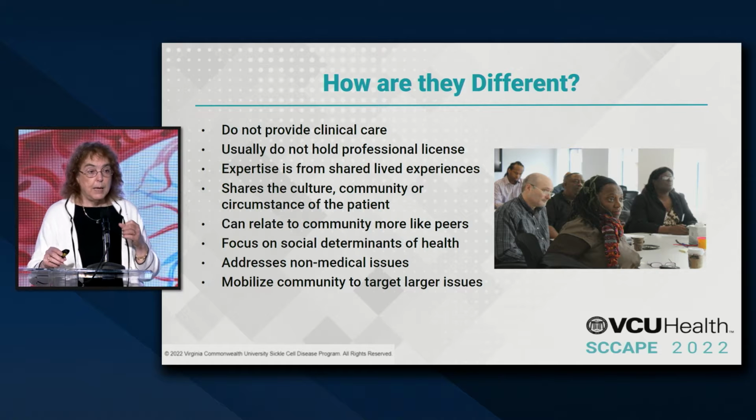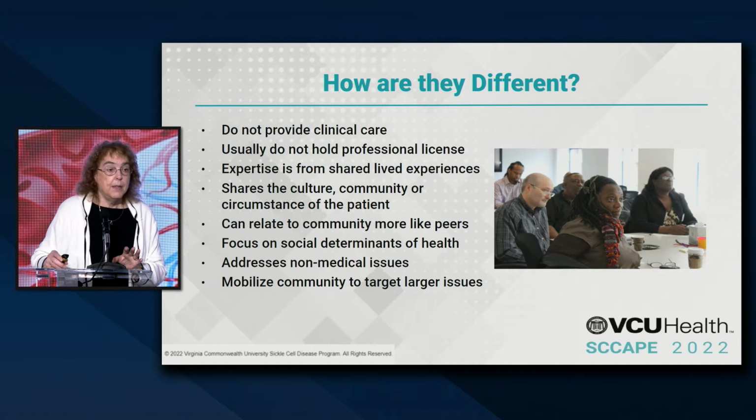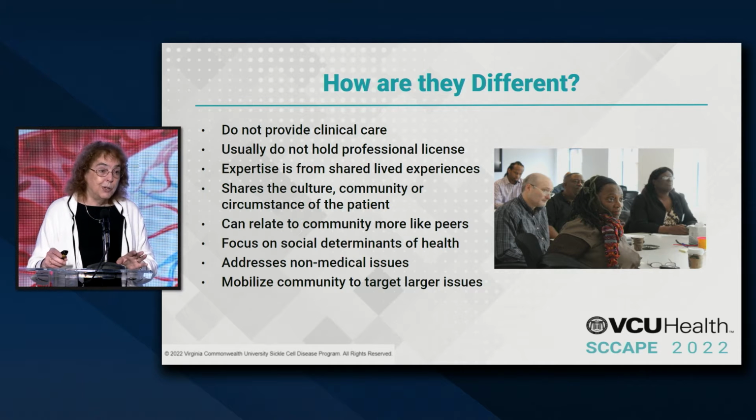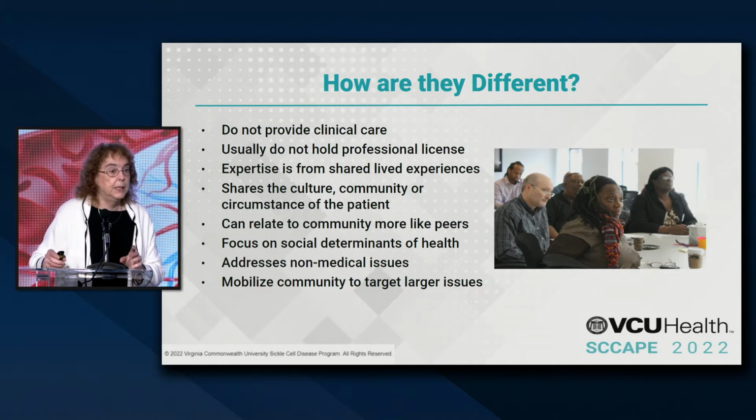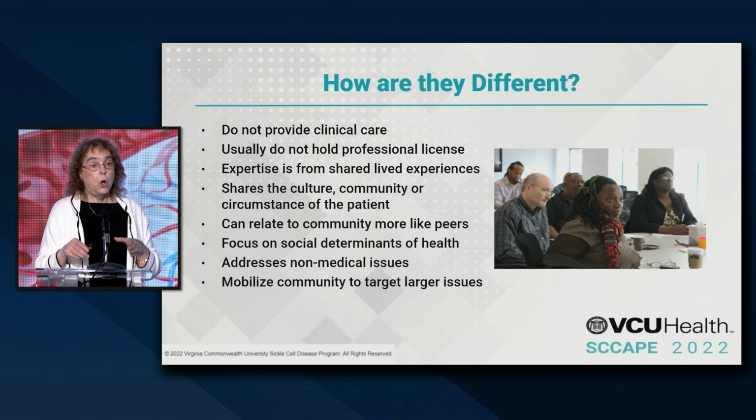They should be able to share some of the culture of the patient population you're working with. And they should not be addressing medical issues. I'm going to qualify that in a minute. And they really should be able to mobilize the community to target certain issues. That's a whole other role where I see our community-based organizations really shine.